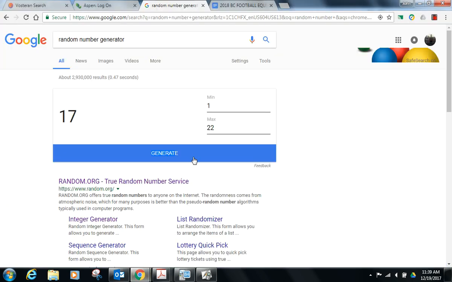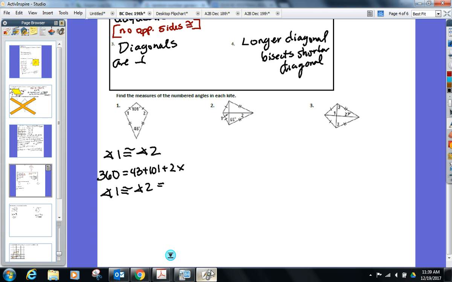What do you got for me here? Angle 1 and angle 2 equal 105.5.